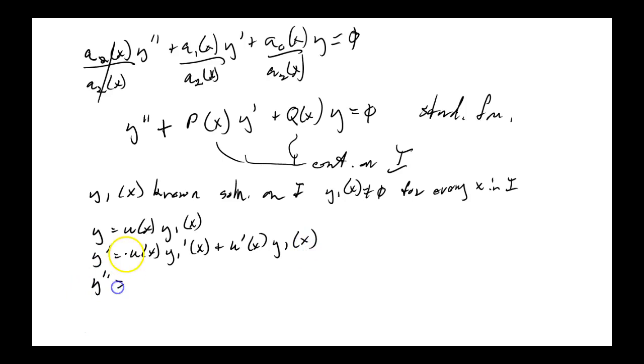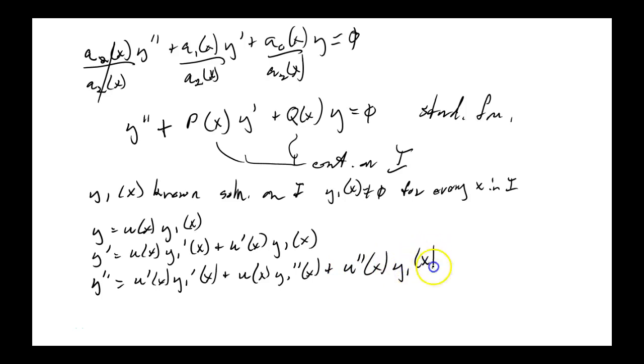And y double prime is u prime of x times y prime of x, or y1 prime of x, plus u double prime of x times y1 of x, plus u prime of x times y1 prime of x, plus u of x times y1 double prime of x.